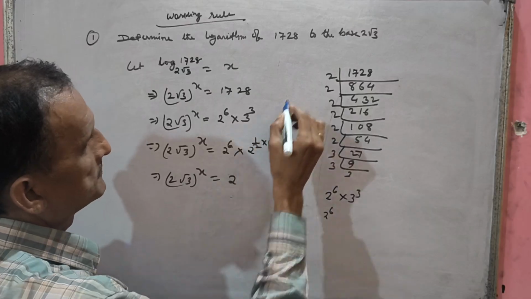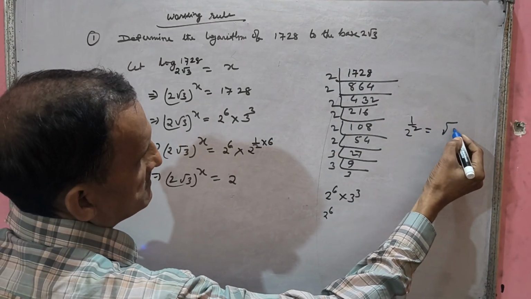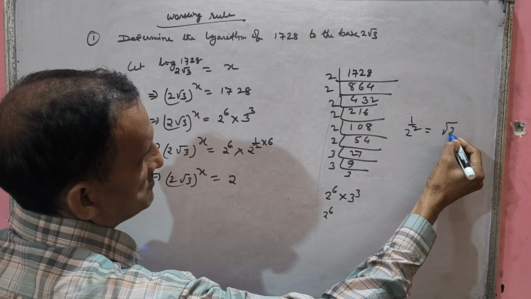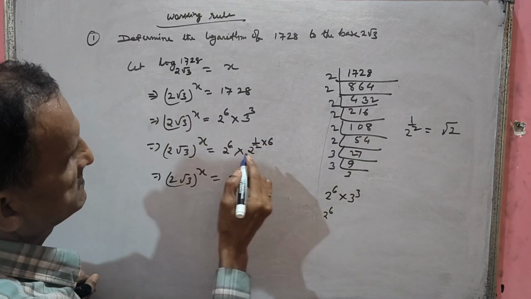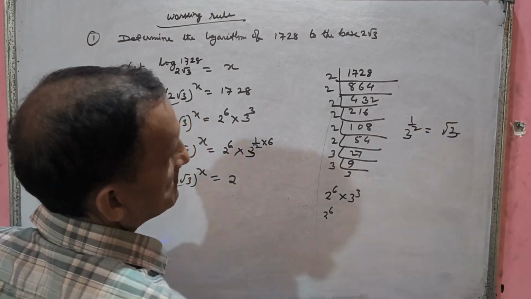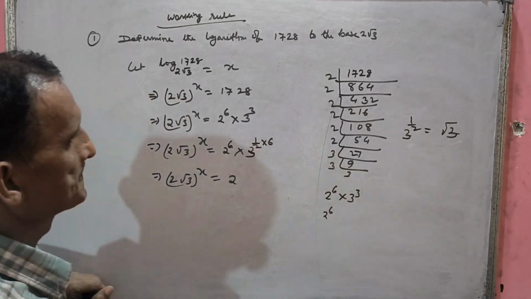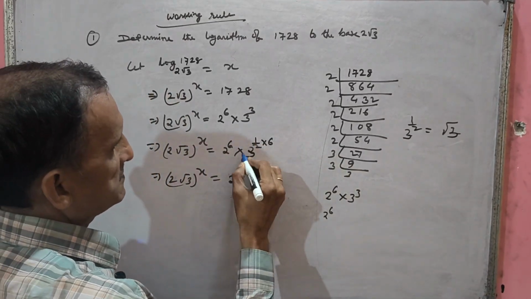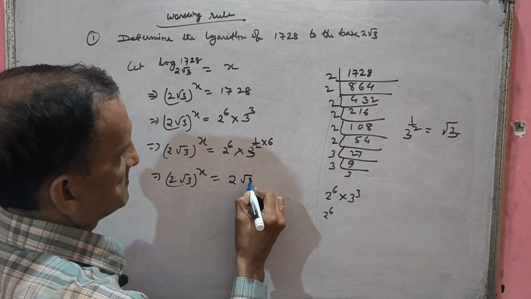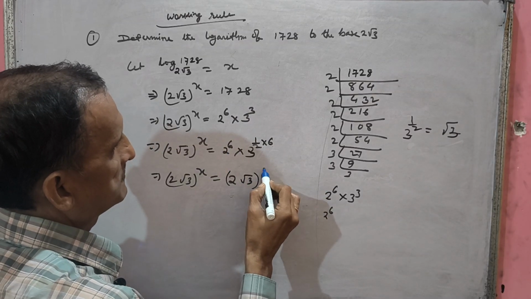What is 3 to the power half? You know 3 to the power half equal to root 3. Fractional power can be radical sign and radical sign can be fractional power. So 3 to the power half can be written as root 3, and power 6 is here also, so 2 and root 3 both can have whole power 6.